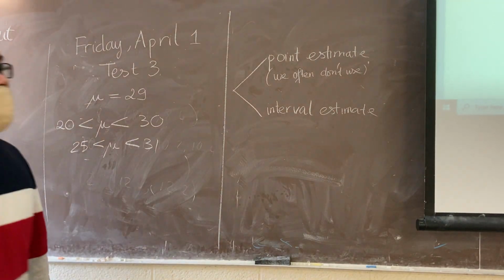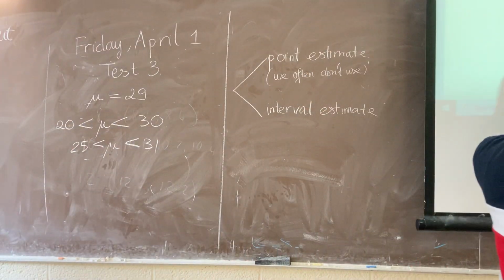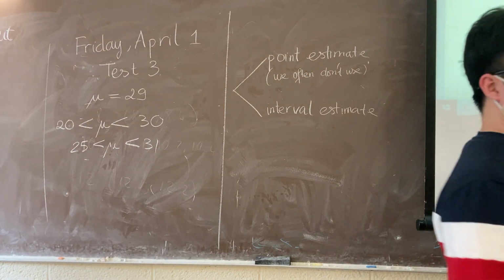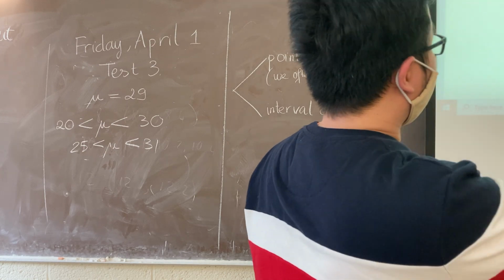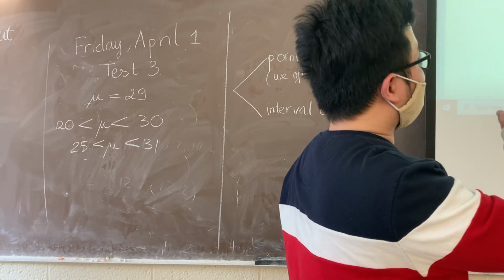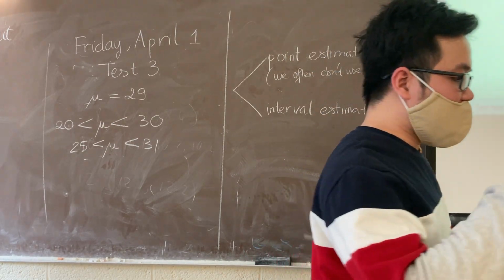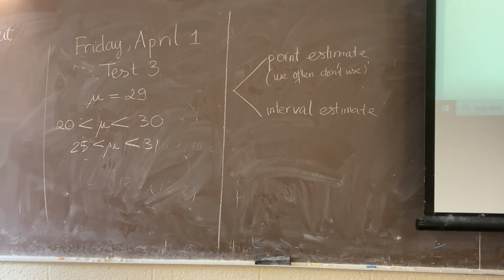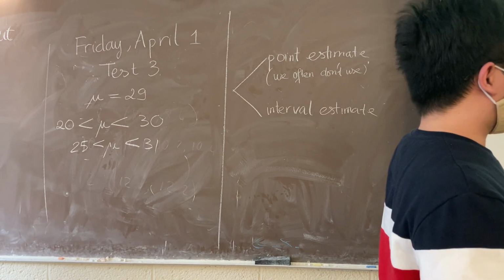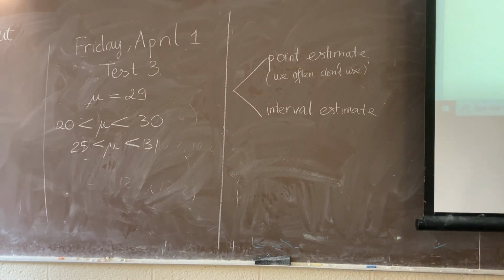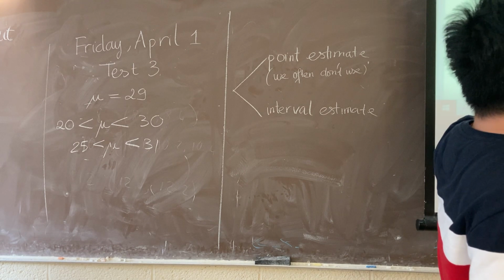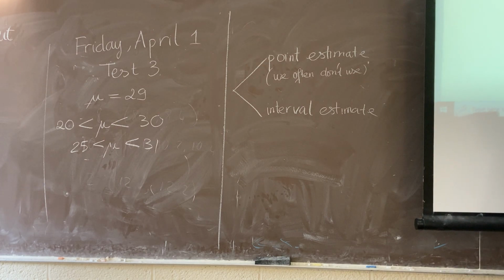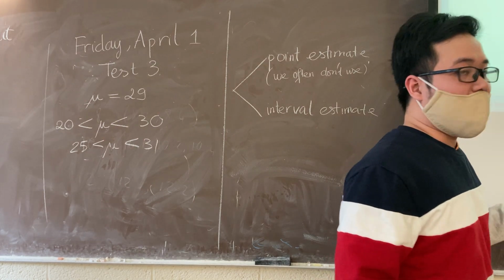For example, you see that the mean here is 29, right? When we set a 90% confidence interval, for example, we will get 10 intervals. That means that out of 10 intervals, 9 will contain the actual parameter, the population mean.